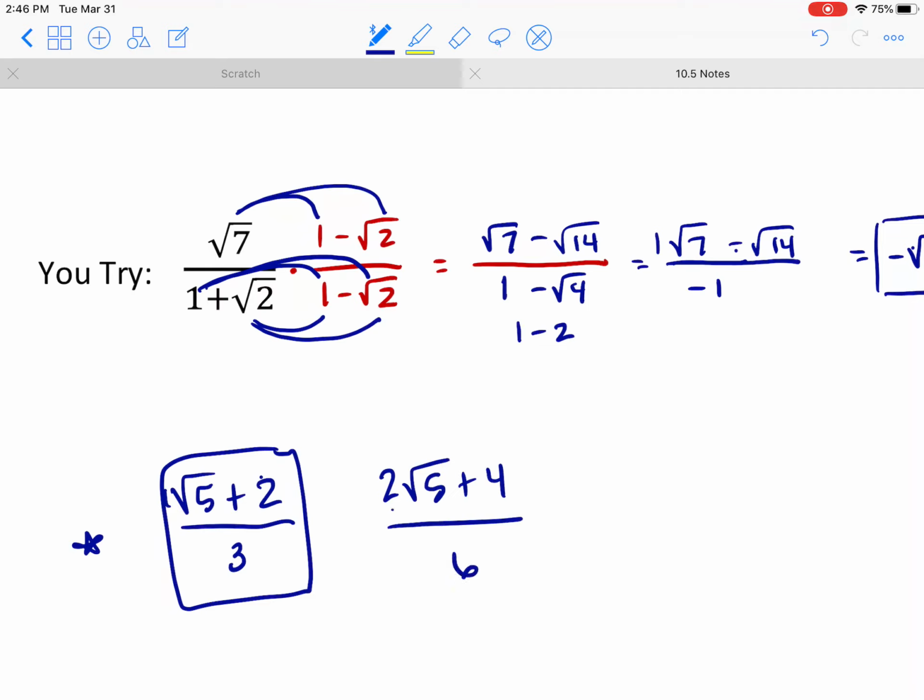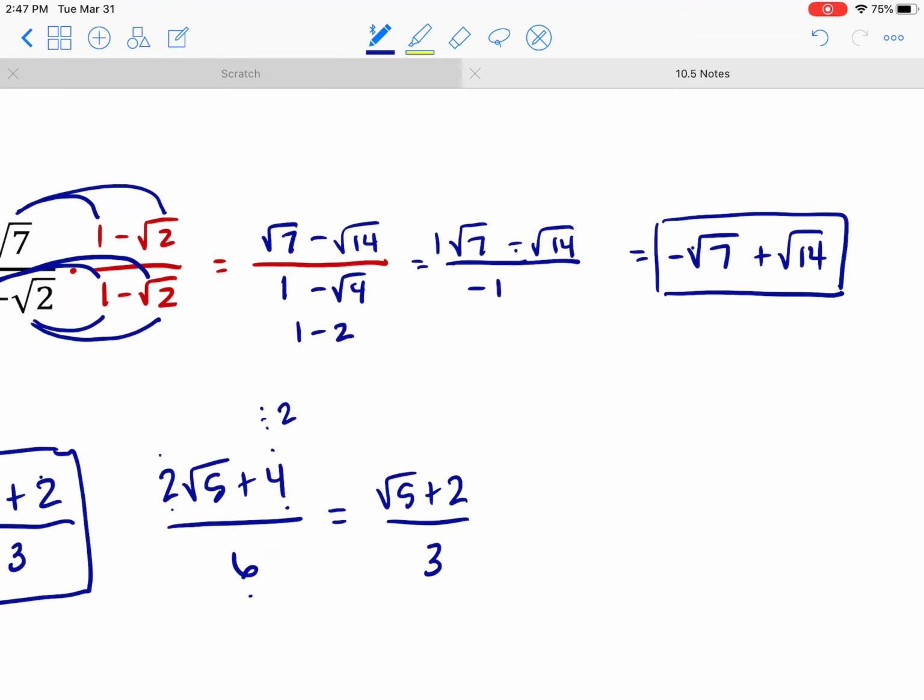Now, if you had, let's say, 2 radical 5 plus 4 all divided by 6, 6 still doesn't divide into the 2 or the 4, but if all 3 of these terms are reducible, then you would definitely reduce. So you would reduce by dividing each of them by 2. That would give you 1 in front of the radical 5, positive 2 here, and then 3 on the bottom.